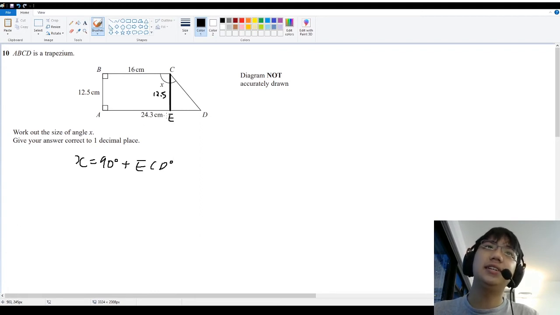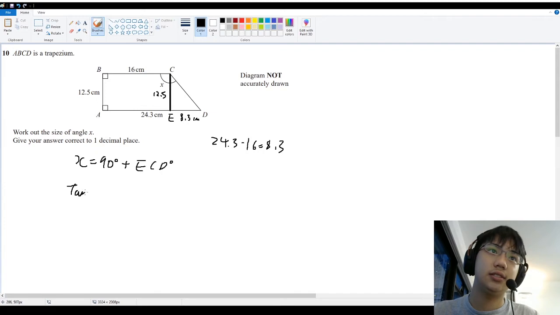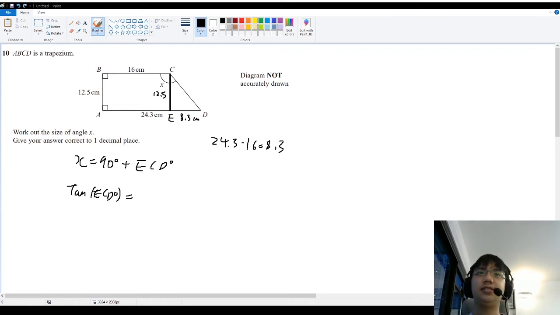Length ED is 24.3 minus 16, which is 8.3 centimeters. So we have two sides of this right angle triangle. So we can use the trigonometric function tangent of ECD to find the size of ECD.